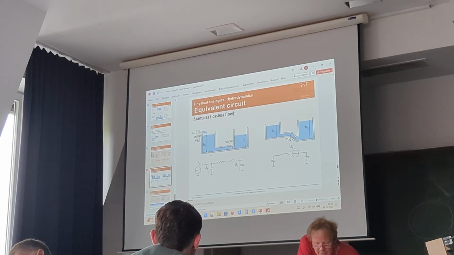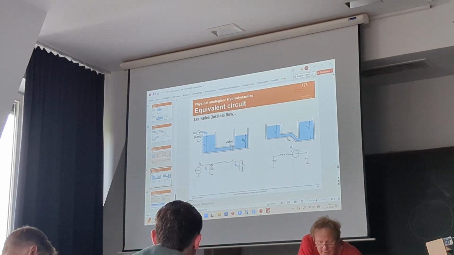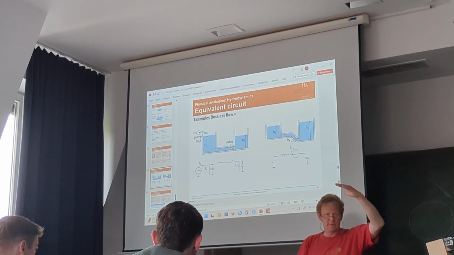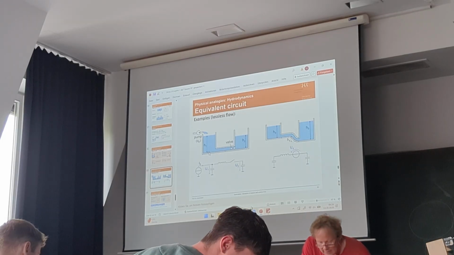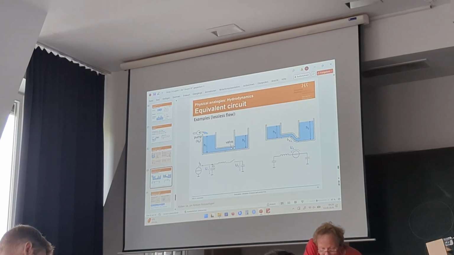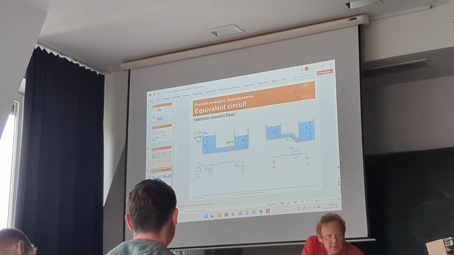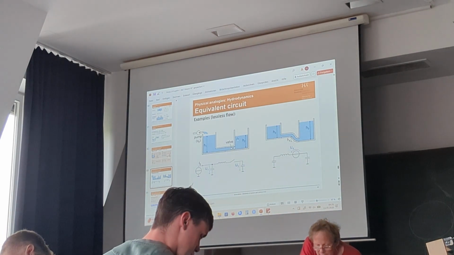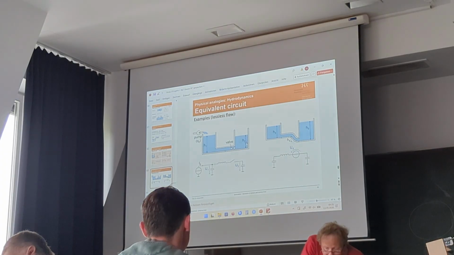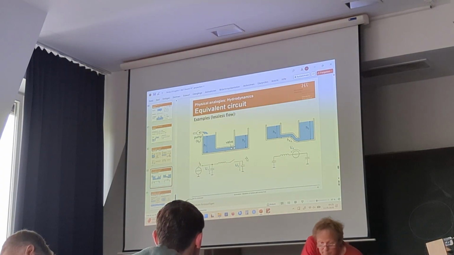Then we could understand this electrically as, well, the first tank here is a capacitor. It's filled up to a certain height, that means with a certain pressure, and electrically this capacitor has a certain voltage. Let's call it U1. On the other side we have another tank filled with another height, maybe less, maybe more.